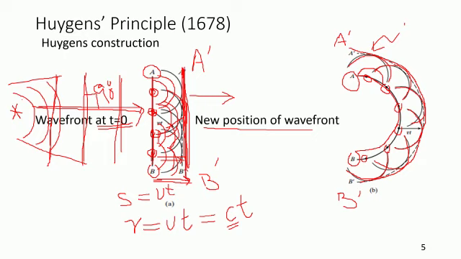It travels from this location to this location in time t, and the distance it travels as it moves from the old location to the new is again just s equals v times t, or s equals the radius of these secondary wavelets, so r equals v times t. And if this is again light in free space, this will be c times t then.